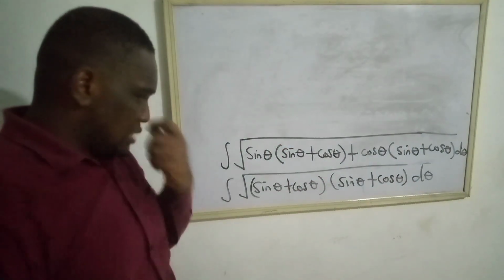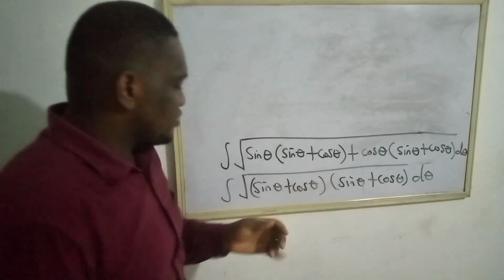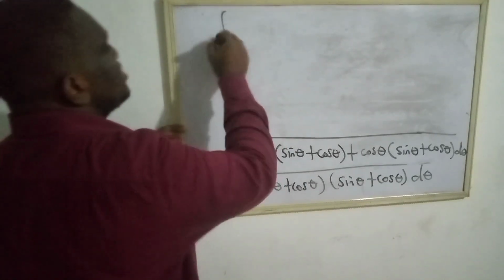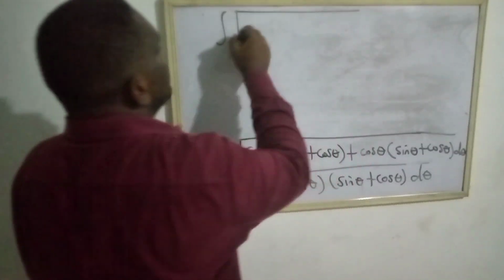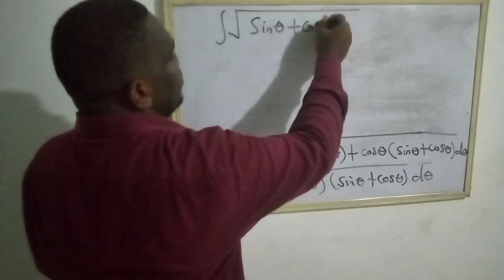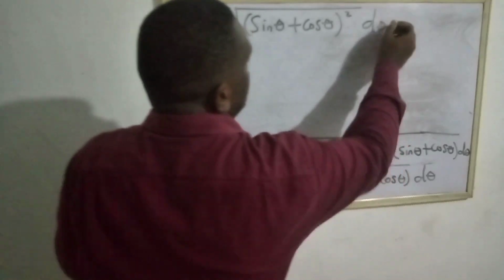So I notice that sine theta plus cos theta is common. So I can just say this becomes the integral of the square root of sine theta plus cos theta all squared d theta.